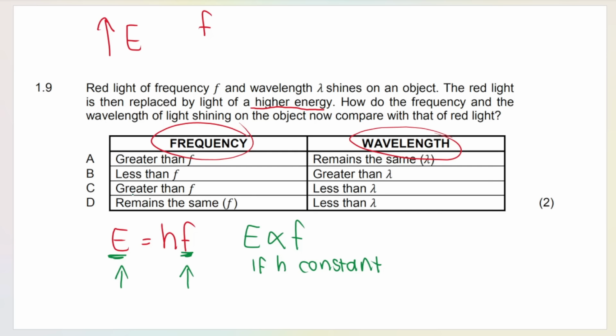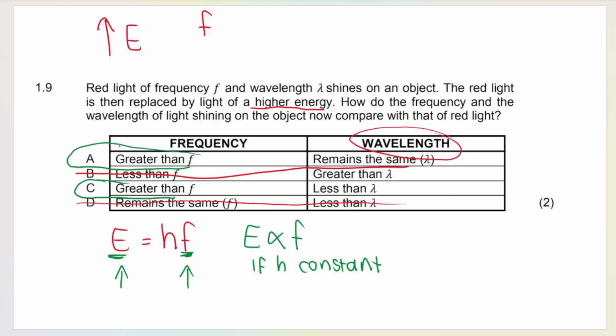So we will select out of A, B, C, or D. We already know that the frequency must be greater than the original frequency. So greater than f. So we are either on option A or option C at the moment. We can immediately eliminate option B and option D because the frequency does not stay the same. If the energy increased, it means that frequency increased or is greater than.